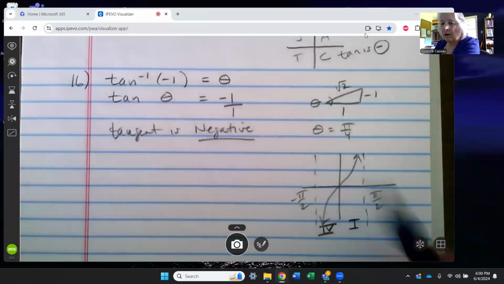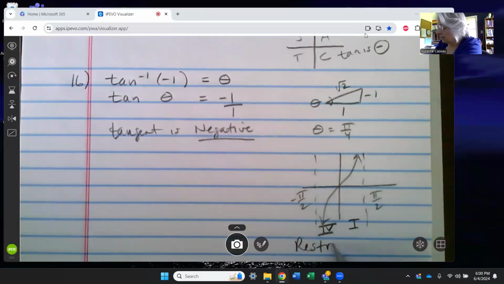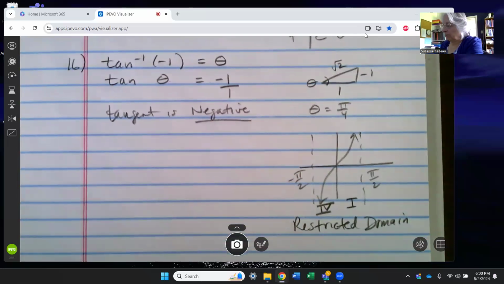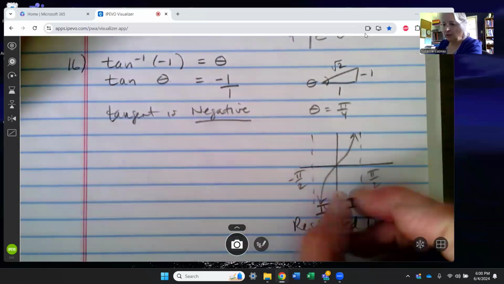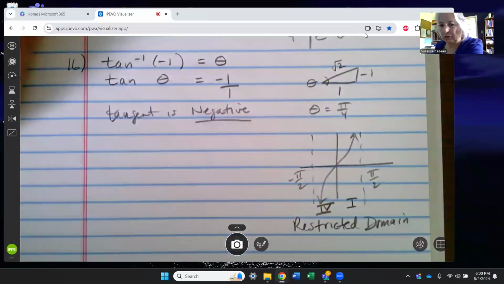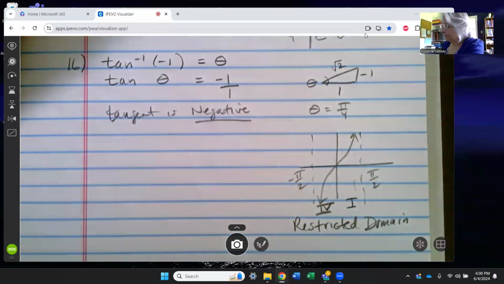We have to have a restricted domain, and that's because our function has to be 1-to-1, right? So we restrict the domain here, because then when we trade the x and the y, we need that to be a function as well. So that means that we can only operate in quadrants 1 and 4.